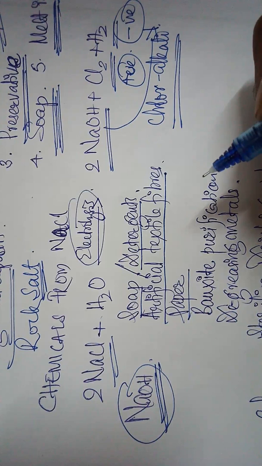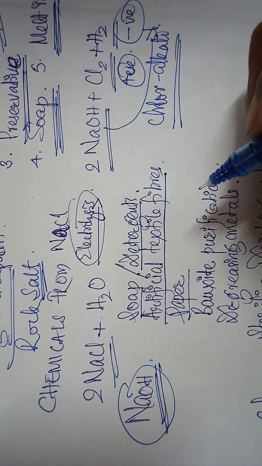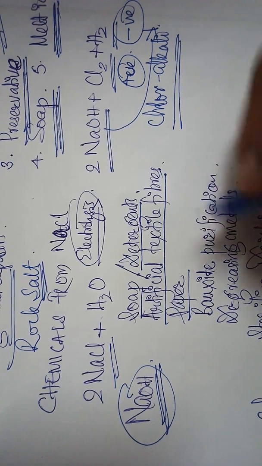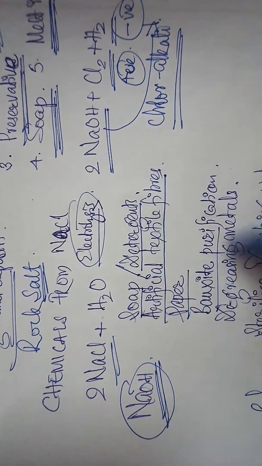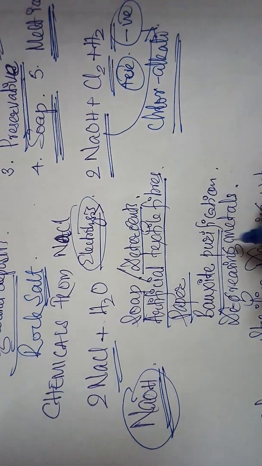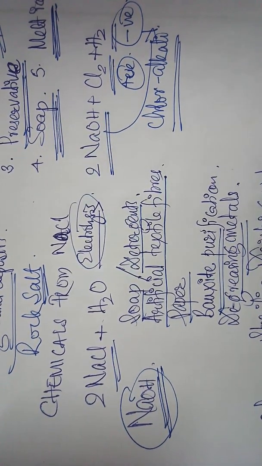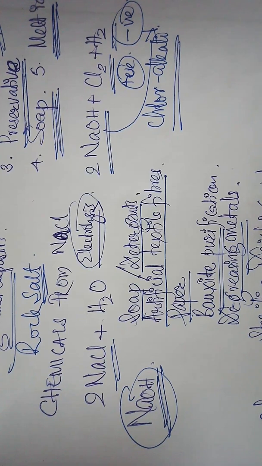Sodium hydroxide is a purifying material in the aluminum metal industry to purify bauxite. It is used in degreasing metals, oil refining, and making dyes and bleaches.